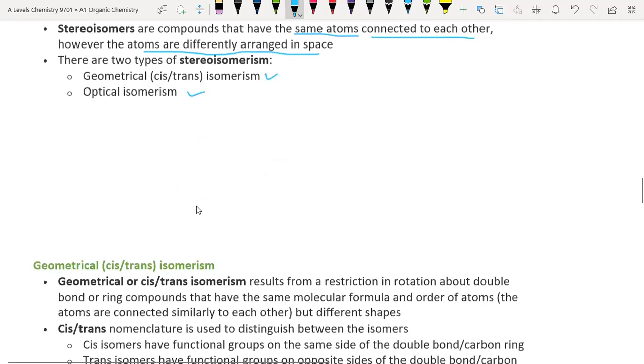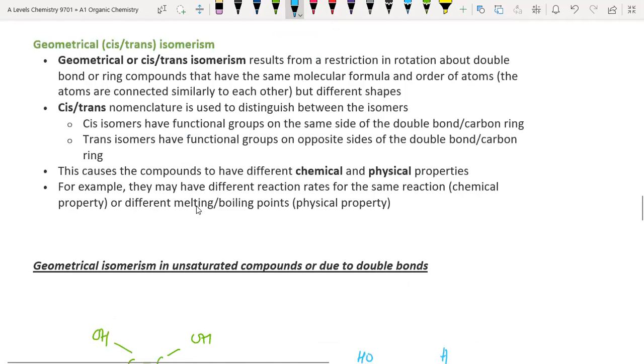Let's see geometrical isomerism. What is geometrical isomerism? Geometrical isomerism results from a restriction in rotation about a double bond or a ring compound. We will see examples in both situations, cis-trans or geometrical isomerism in a double bond or in a ring compound.